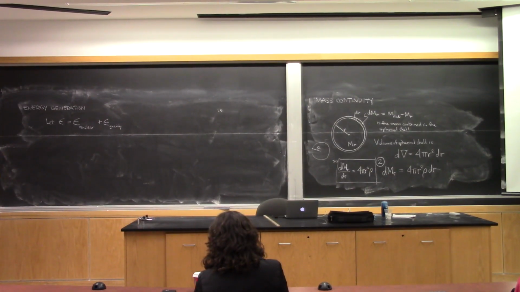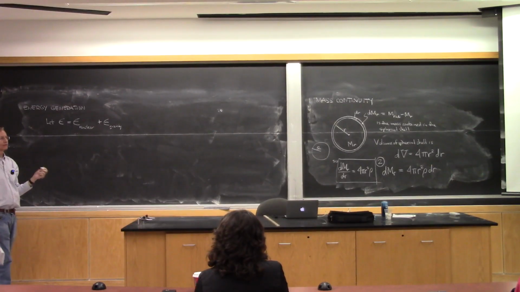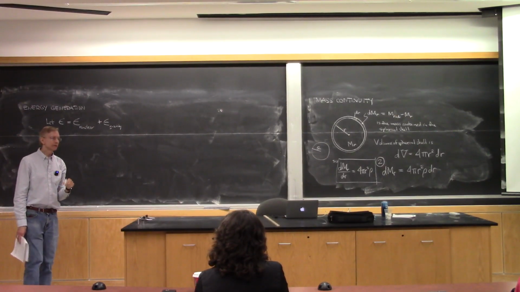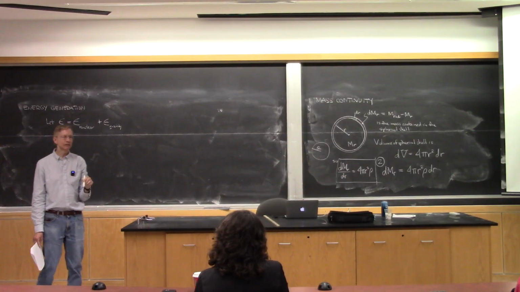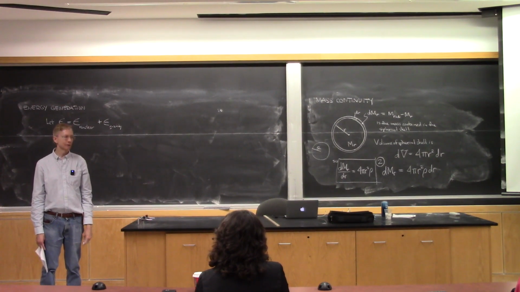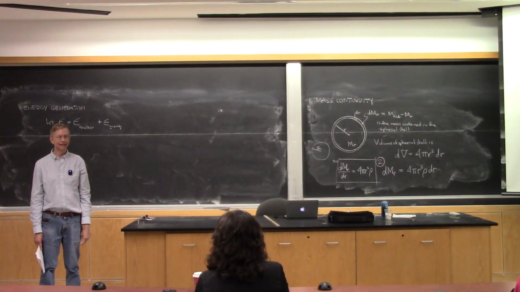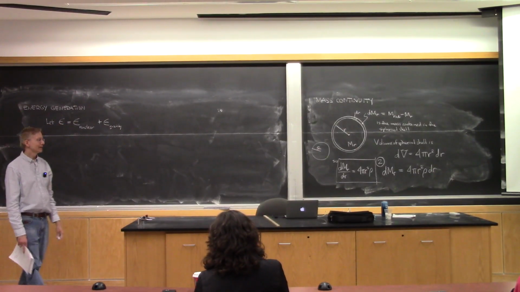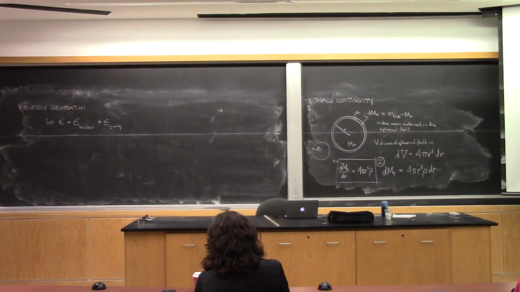Did we ever talk about this with the virial theorem? So we know already that you can have something be gravity powered. You can convert gravitational potential energy into other forms. Those would be the 2 sources of energy the star could have.